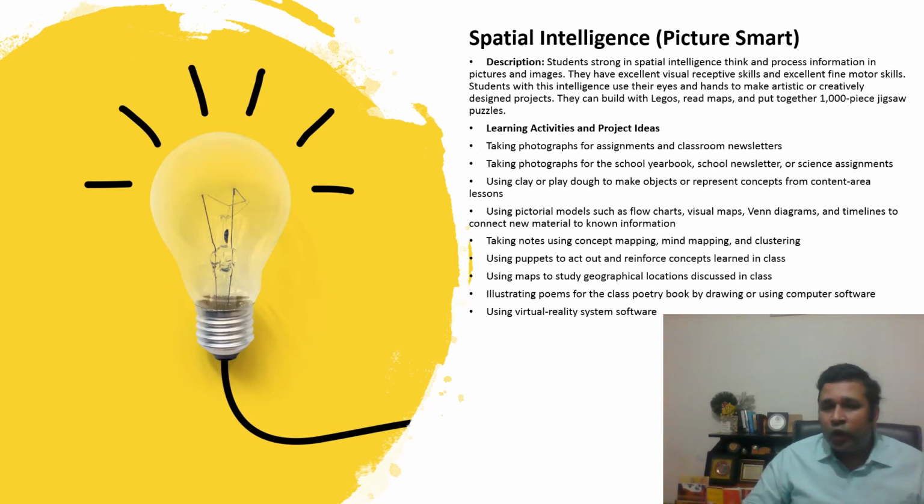Virtual reality and augmented reality has come a big way, so that can also be utilized, but it should be utilized with caution. When we discuss technology, we will also discuss how to utilize virtual reality and augmented reality systems to a certain extent to fruitful use, so that it is helping in children's learning.